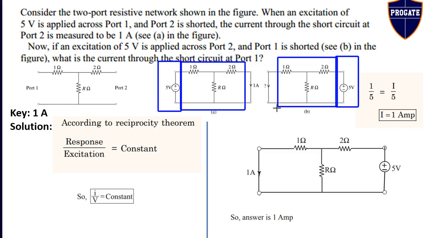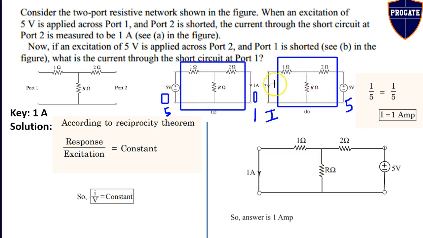So now he is asking what is the value of the short circuit current at port 1 in figure B. Clearly we can apply the reciprocity theorem. Applying it to figure A, we get the ratio of response by excitation, response over source, as 1 by 5, because the response is 1 ampere and the source voltage is 5 volts.